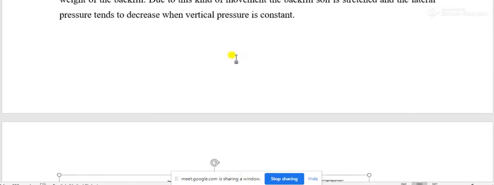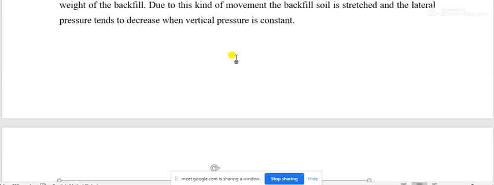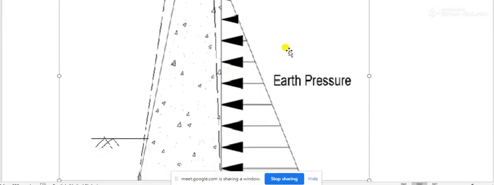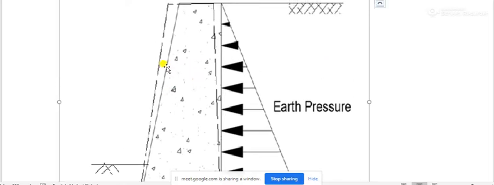goes beyond the elastic limit, then obviously this portion of soil tends to stretch. Stretch means, if the wall is moving towards this direction, then this portion will empty, or this portion will have the capacity to take this part of soil.